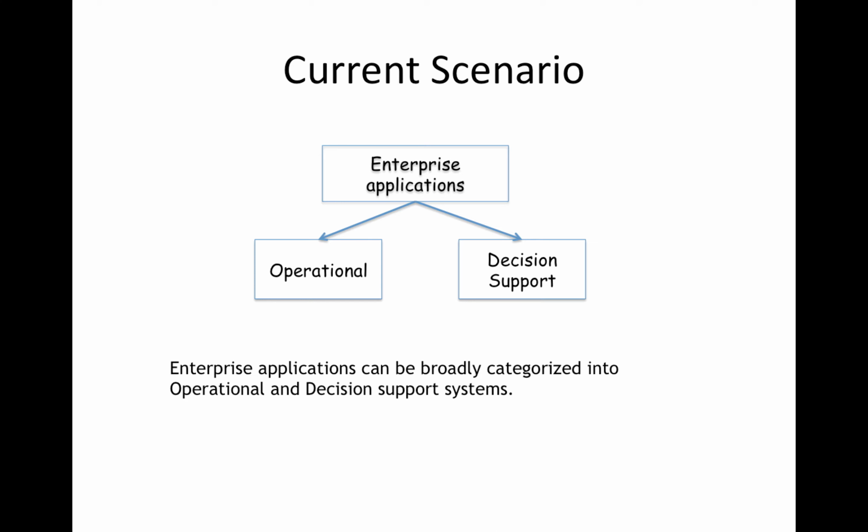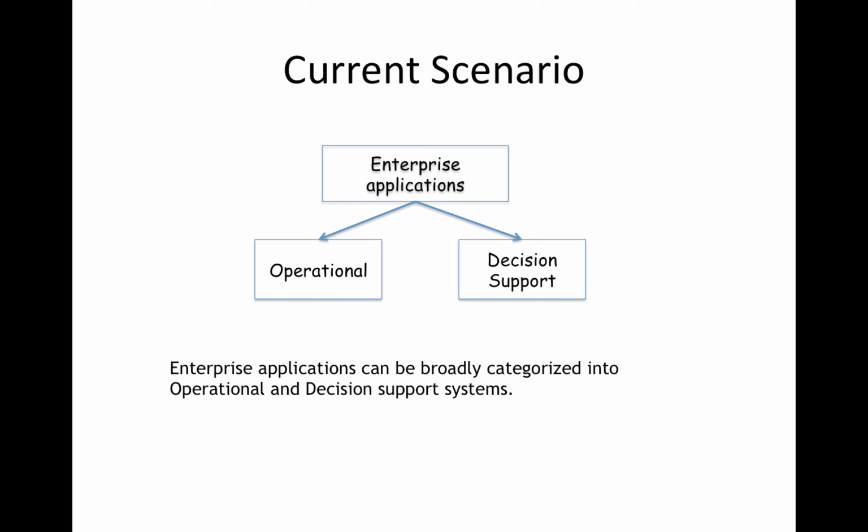And then there are other kinds of applications called decision support systems. One example for decision support is if you want to see the trend of sales of a particular product in all the stores for a retail customer, then it is decision support.